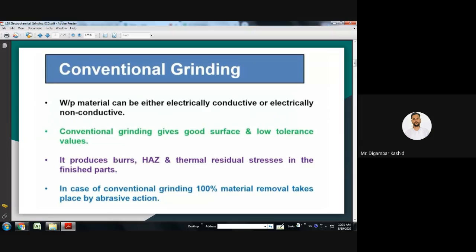So in the case of conventional grinding, 100% of material removal takes place by abrasive action only, due to the physical contact of the abrasive particles of the grinding wheel with the workpiece. That abrasive action means shearing action.